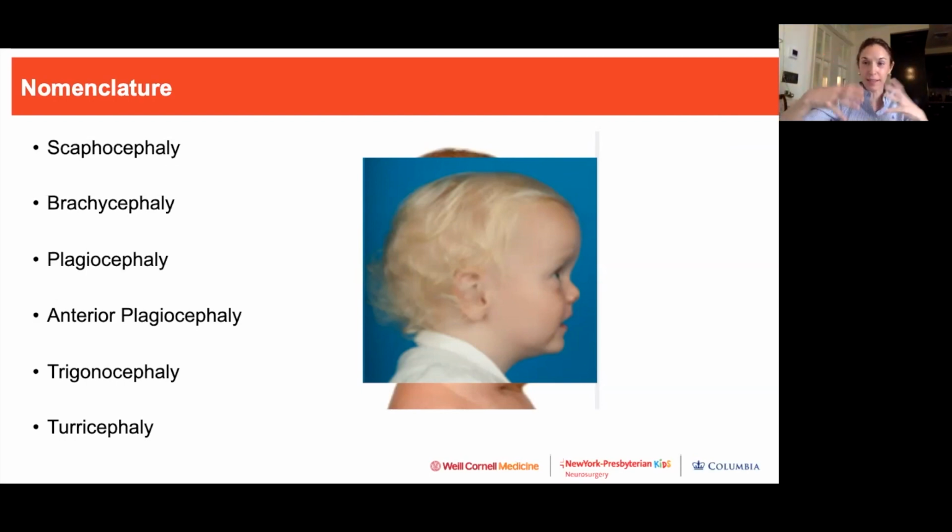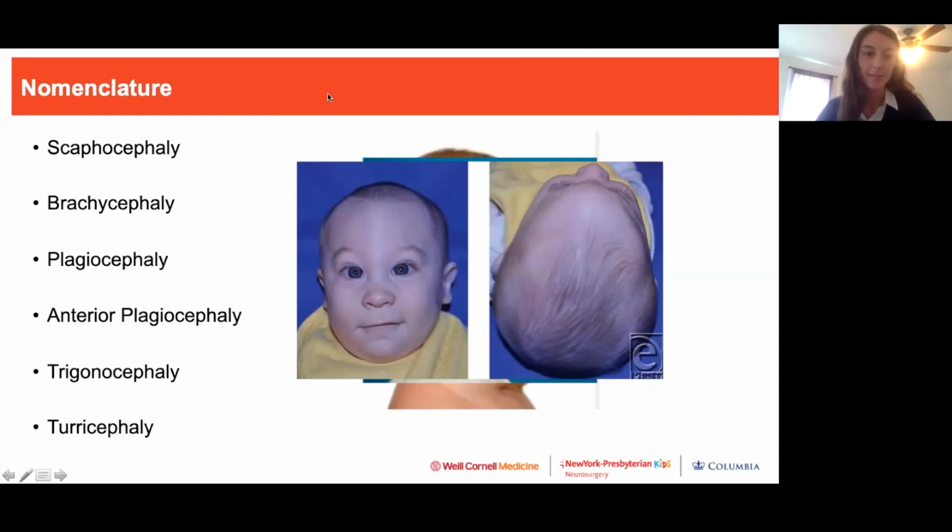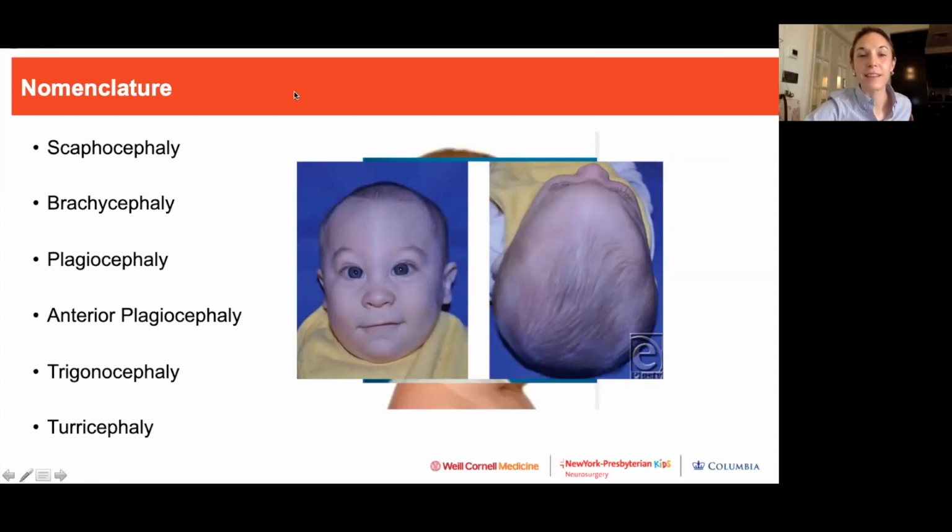That's why it's called scaphos. All right. Anyone? What is this? Oh, trigonocephaly, someone said? Yes, trigonocephaly. Excellent. Now I can see you, John, Raquel. Okay, good. So yes, trigonocephaly, indicative of metopic synostosis, which we'll go over.